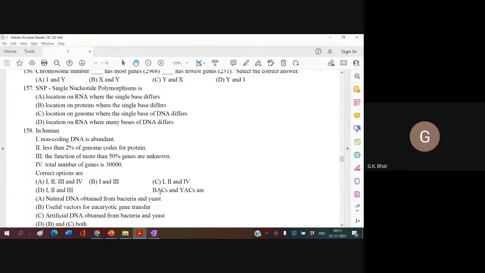C. SNP. Single nucleotide polymorphism is a location of the genome where the single base of DNA differs. 158.